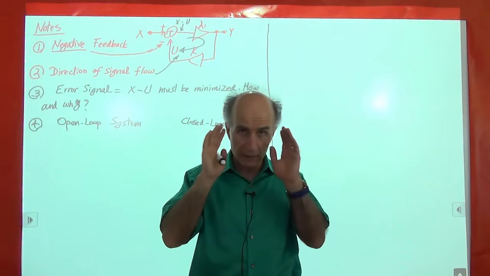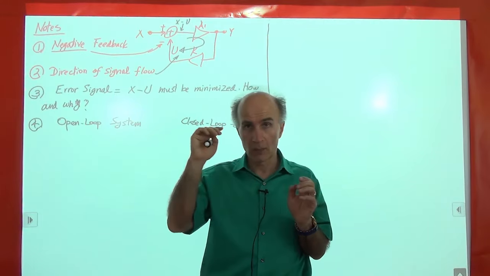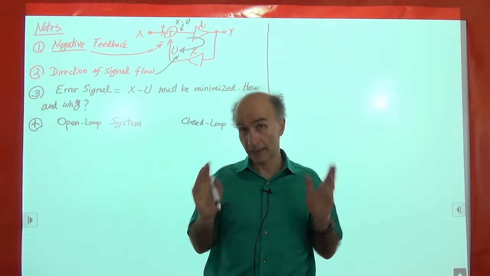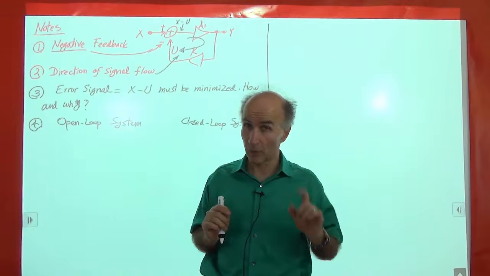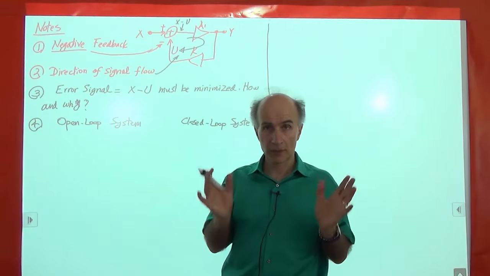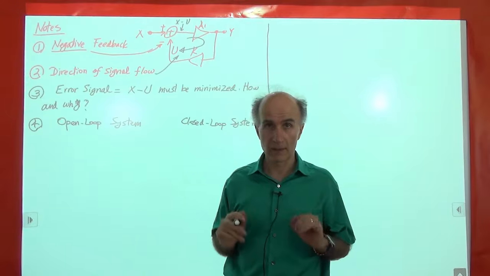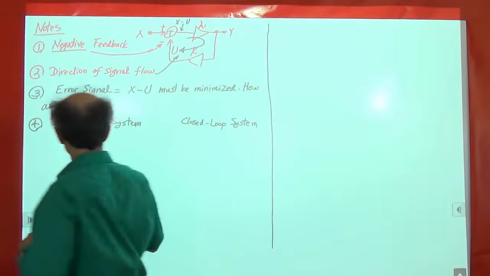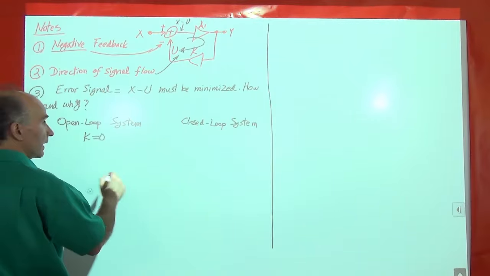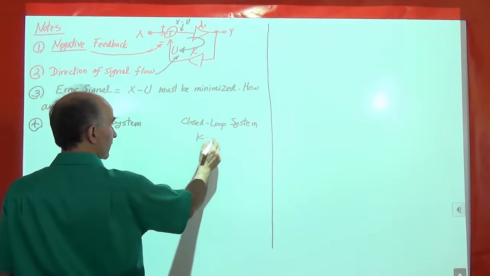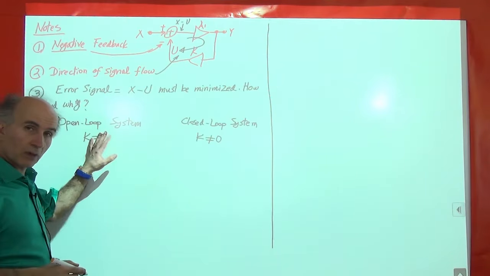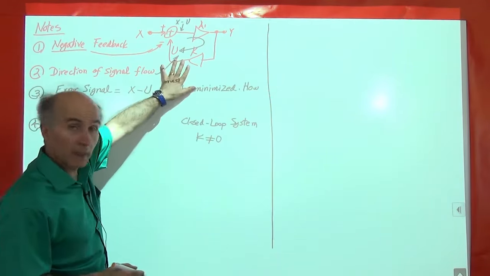So we have to have a very clear understanding of what we mean by the open loop system and by the closed loop system. All right? And again, that can be confusing, especially for the open loop system. So let's try to give it a simple condition that's always easy to satisfy. All right, so open loop system means K is equal to 0, and closed loop system means K is not equal to 0. So let's try to draw the circuit when K is 0.